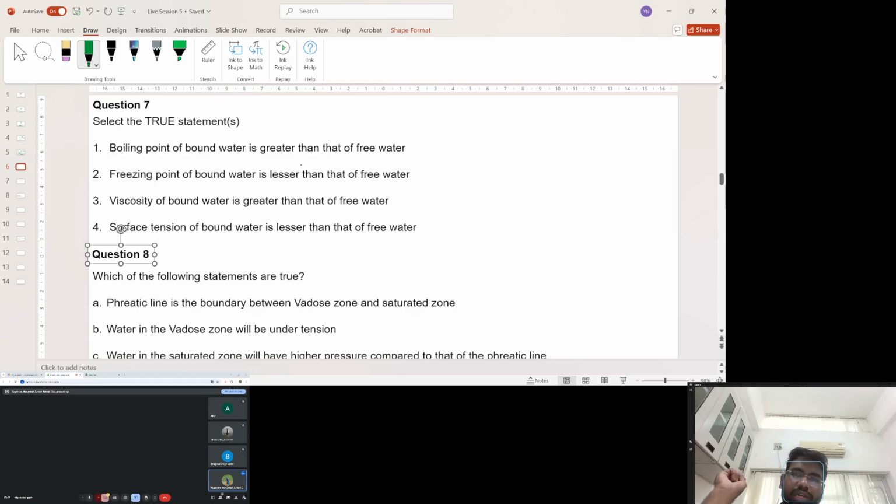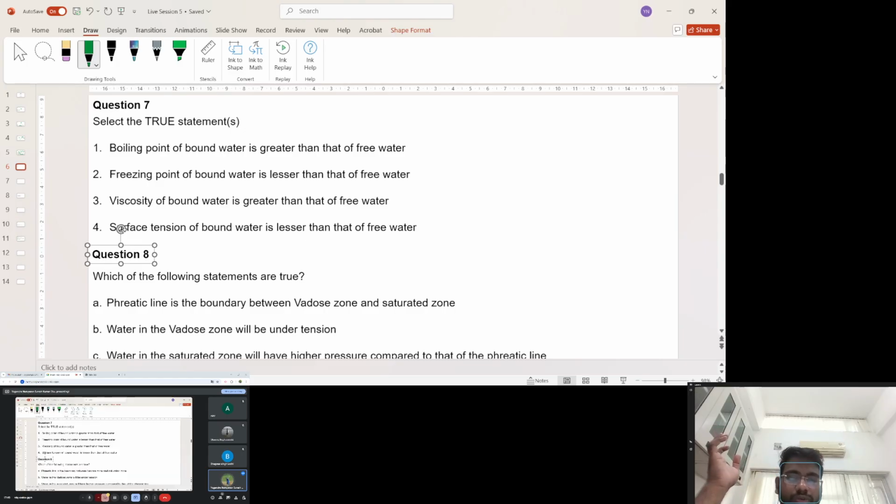First option: boiling point of bound water is greater than that of free water. Second option: freezing point of bound water is lesser than that of free water. Third: viscosity of bound water is greater than that of free water. Fourth: surface tension of bound water is lesser than that of free water. So which are the statement or statements that are true, and why? What is the major reason?